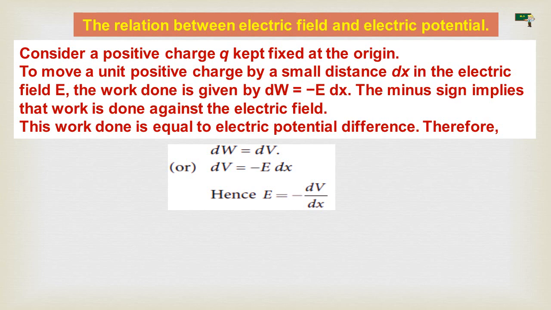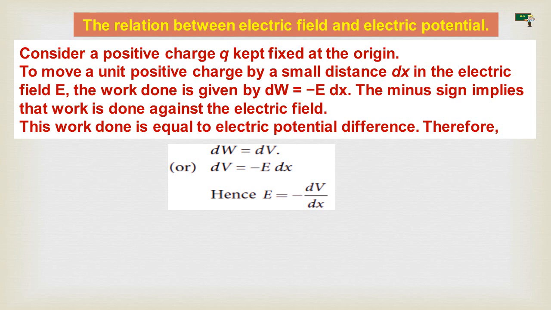The minus sign implies that work is done against the electric field. This work done is equal to the electric potential difference. Therefore, dW, the work done, is equal to the electric potential, and the electric potential dV is equal to minus E into dx.